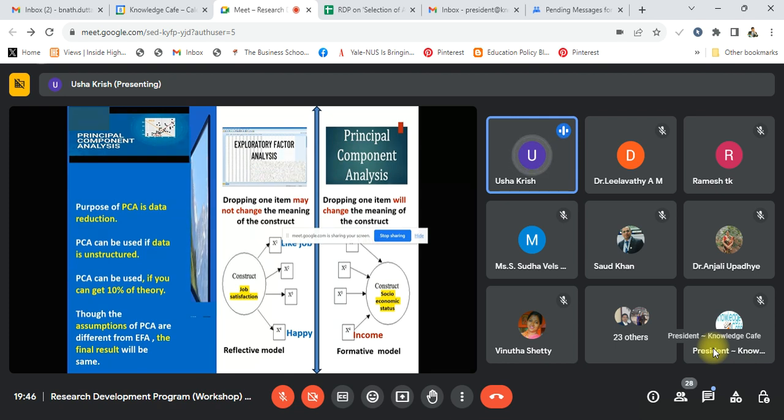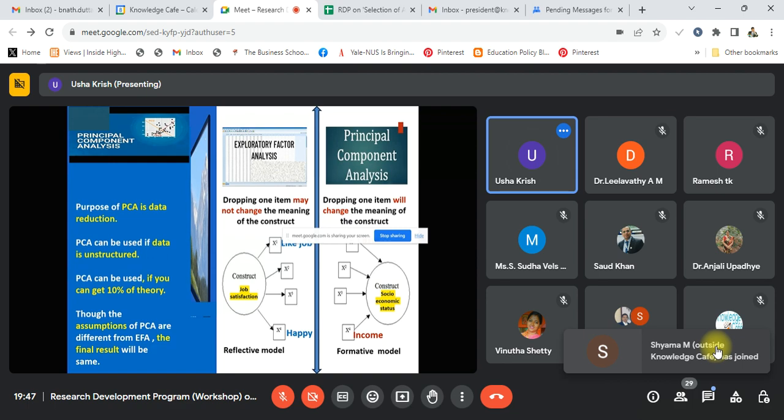Now, what is the difference? Let us discuss now. If I am using formative model, PCA should be used. On the other hand, if I am using reflective model, EFA should be used.